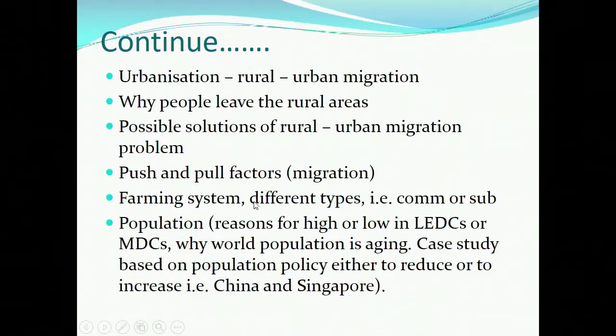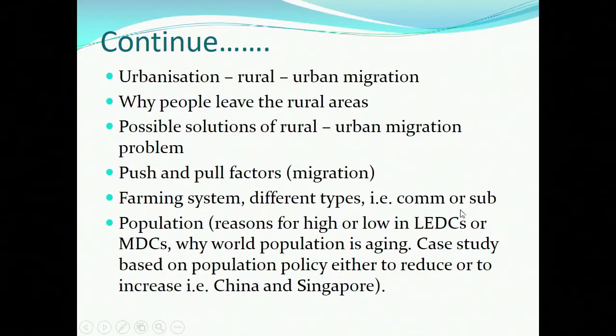Then you can also understand the processes that are involved in farming. For example, we have this question based on a case study, whereby we have to ask questions like, for a named area that you studied, describe the process of a farming system that you studied.